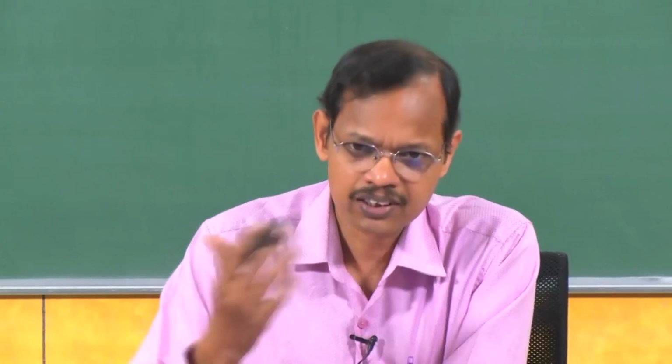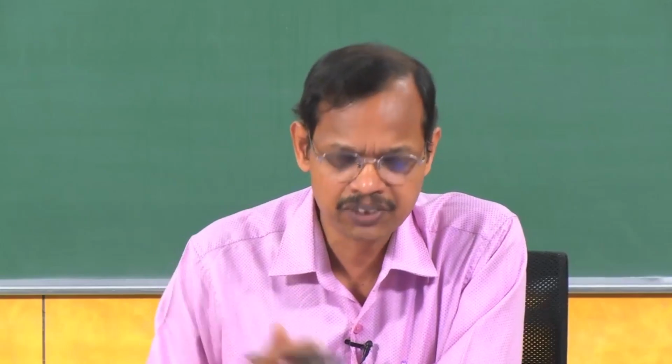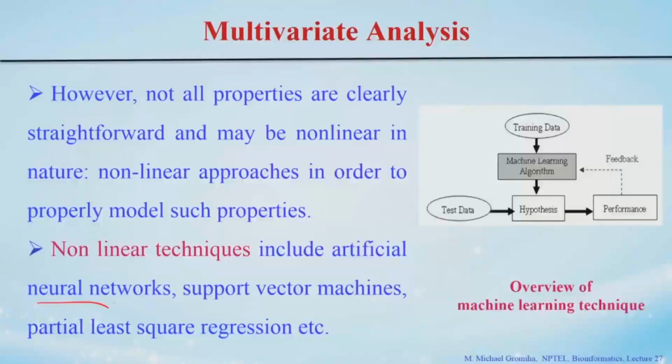Sometimes the properties are not straightforward, so you cannot fit with linear regression. In this case we can also use nonlinear techniques, and different types of machine learning. I will discuss the different types of machine learning later, for example neural networks and support vector machines. We have the training data here, and we put it into these machine learning techniques.